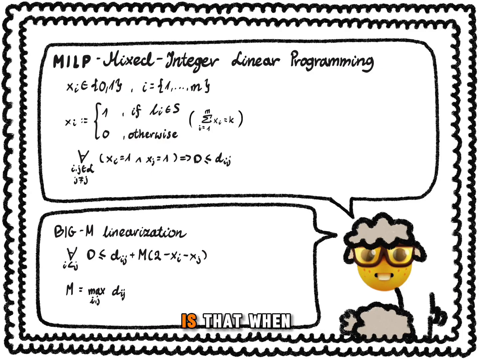Basically how it works is that when both locations are selected, so they both equal 1, the term on the right becomes 0, and the constraint D is less or equal than the distance becomes active. If either location is not selected, the term becomes large, thanks to the big M, making the constraint irrelevant. The big M is usually the biggest distance.